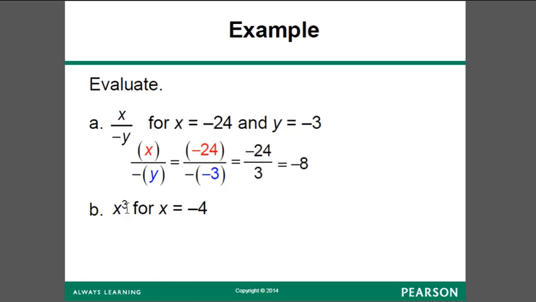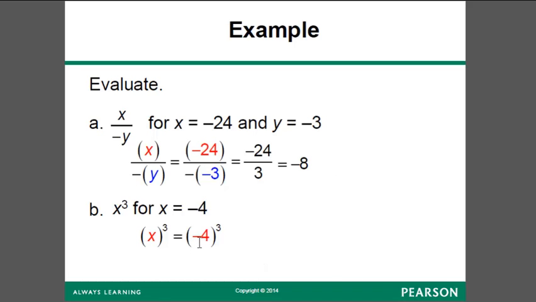Let's look at x to the third power for x equals negative 4. It's the same thing as, remember, put x in parentheses to the third power. So that means I'm going to put my negative 4 in parentheses to the third power. That would be if I were to take negative 4 times negative 4 times negative 4.